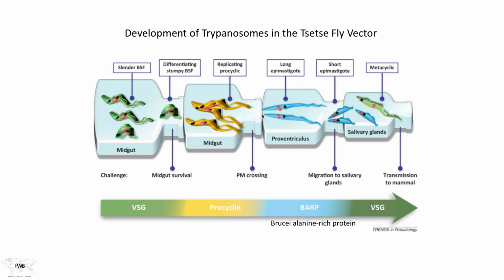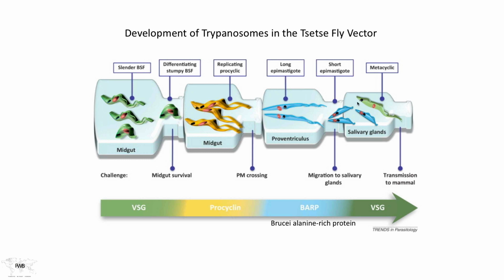And in doing that, it stimulates them to differentiate into the stage just before the infectious stage of the infection, which is known as the long, slender epimastigote stage. They then undergo further development to the short epimastigote stage, for want of a better term. We don't really have molecular markers for these that we could say this is that stage and this is the other stage.